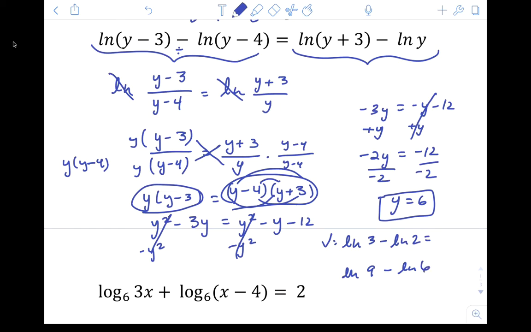When these come together, that is the natural log of 3 divided by 2, so 1.5. When these come together, when we condense through division, that is the natural log of 9 over 6. Isn't 9 over 6 the same as 3 over 2? It checks out. Totally works.